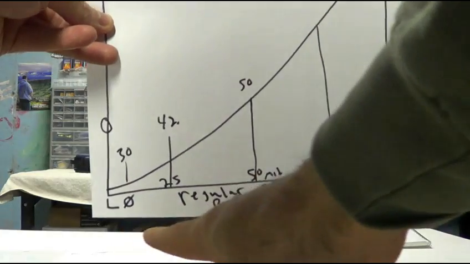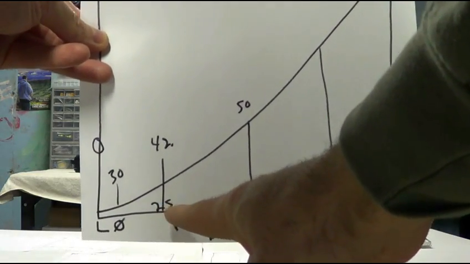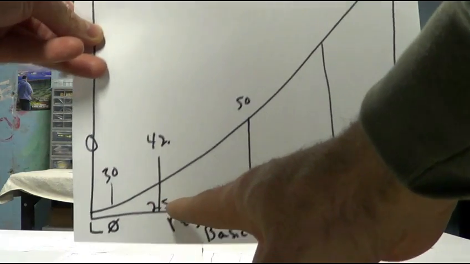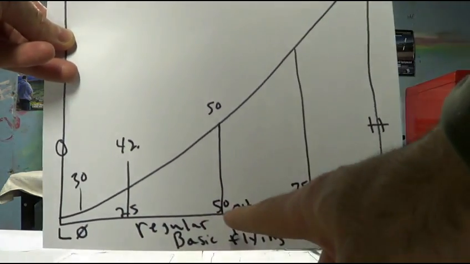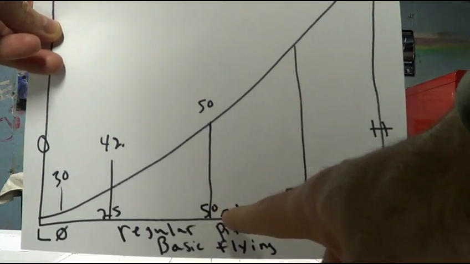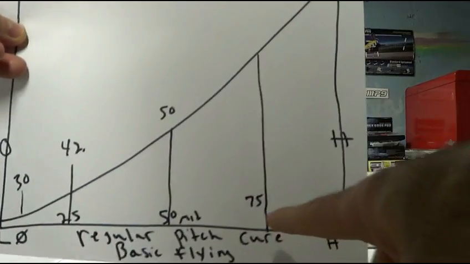Okay, so this would be dead stick low. Alright, this would be a position 2, or a quarter of the way there. Picture it as a gas pedal, guys. Position 3, okay, is set at 50%.